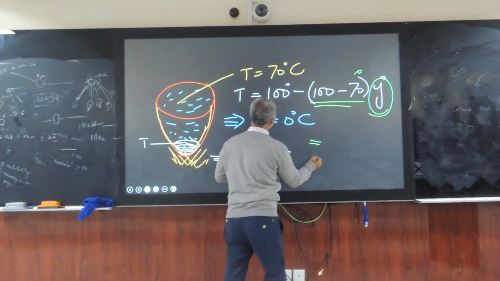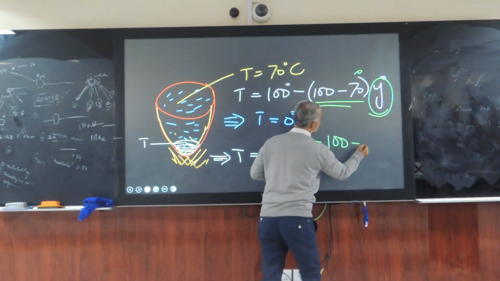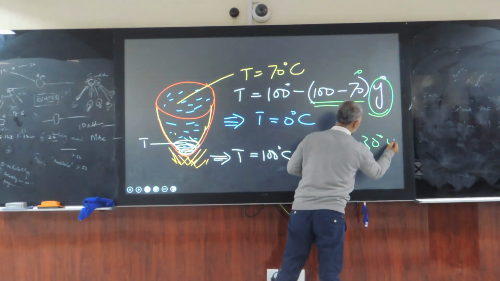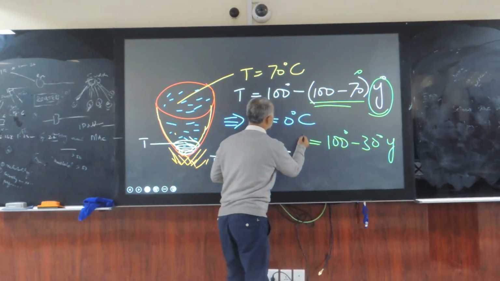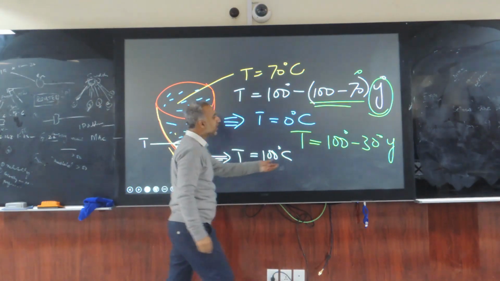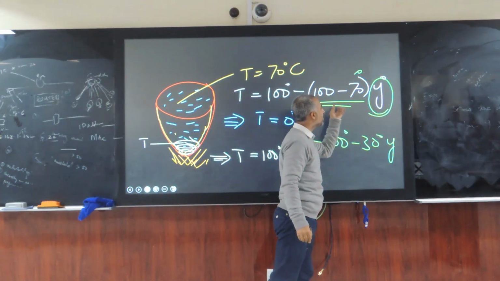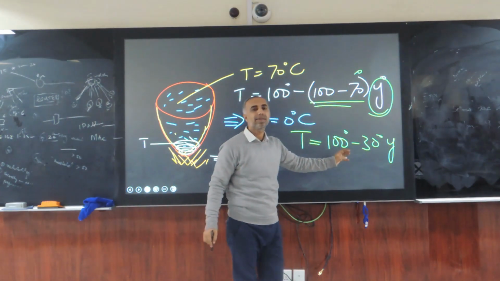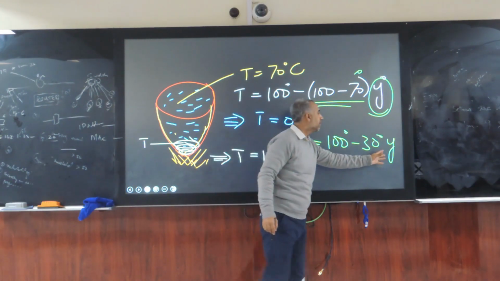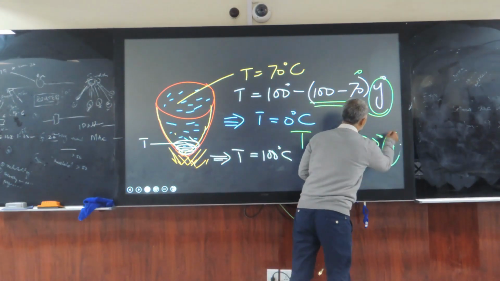So we will have 100 minus 70, a 30 degree variation of temperature, because this net 30 degree change is concluded with the change in y.